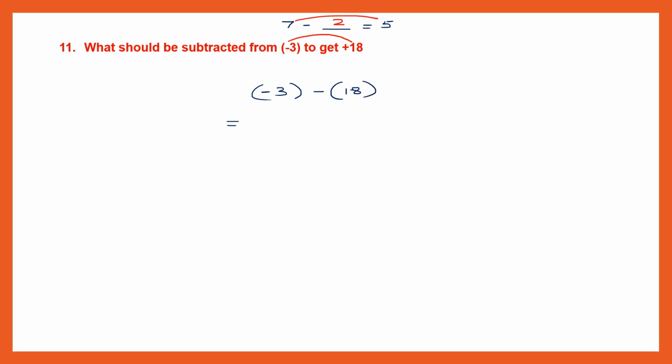In subtraction, the first integer remains the same. Subtraction changes to addition. We write the additive inverse of 18, which is negative 18. So now this is addition. Signs are the same. We put the same sign and we add: 3 plus 18 is 21. So what is our answer? Negative 21.